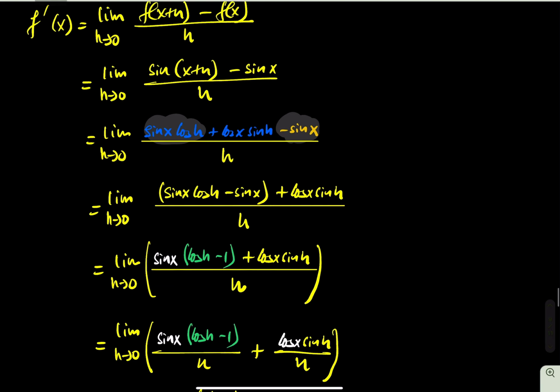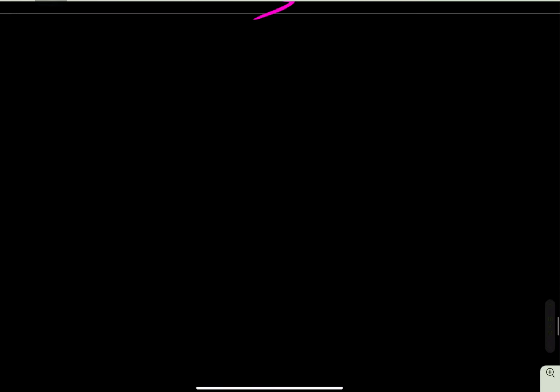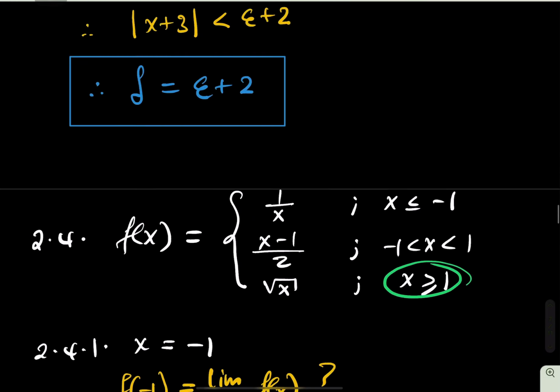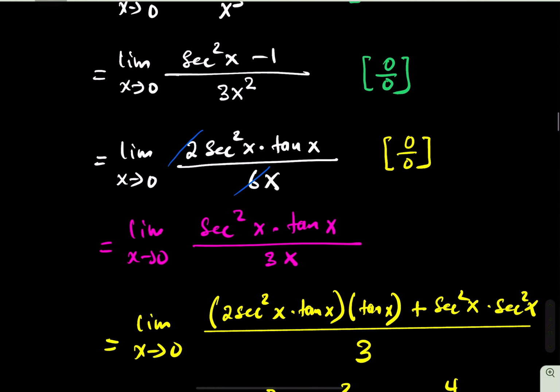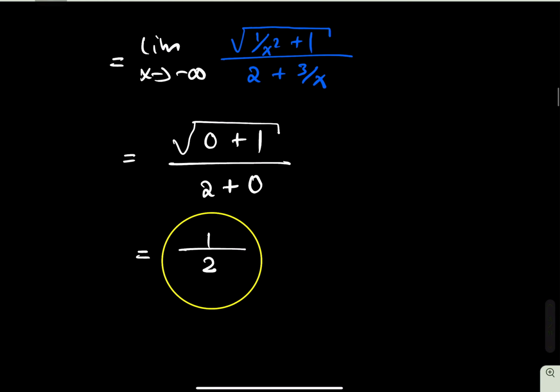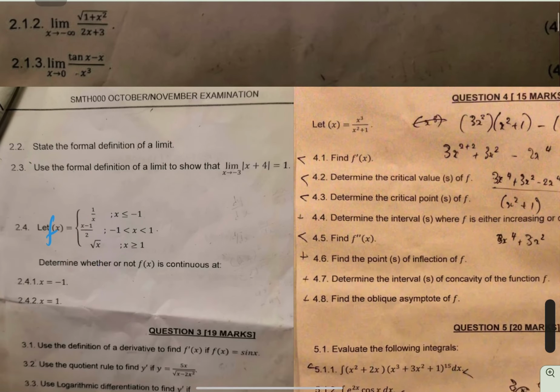All right, let's check the next question. That is 3.2. What are they saying? Let's check 3.2. Yeah, we've been doing these things.